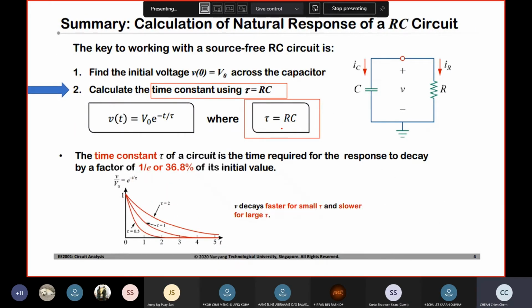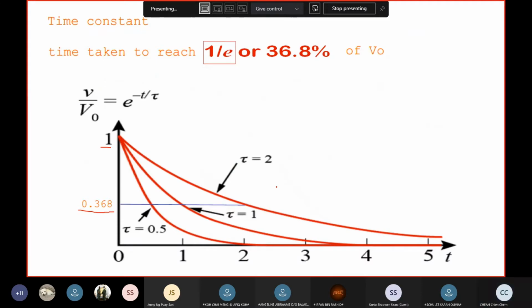So remember, the time constant is the time taken for your voltage to discharge to 36.8% of the initial voltage. That gives you an indication of how fast it takes for this source-free RC circuit to discharge.